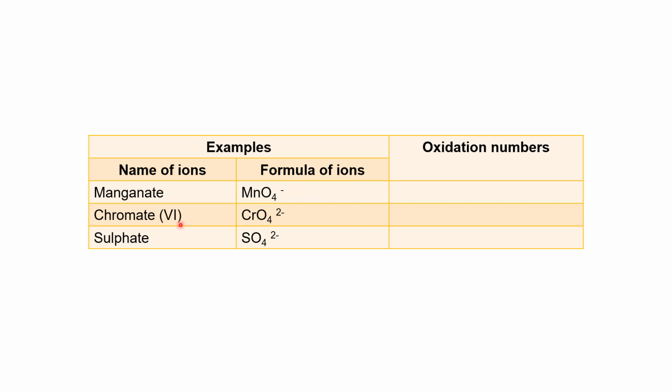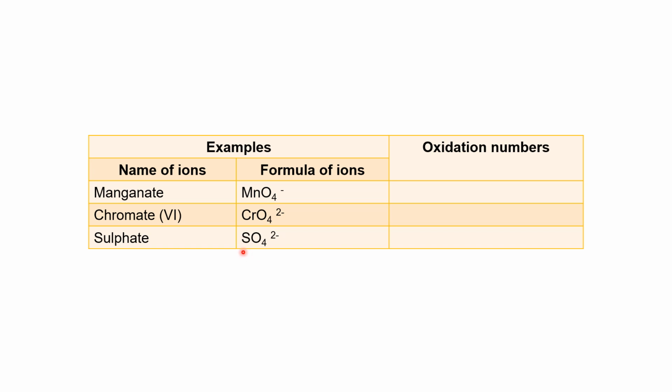For the chromate(VI) ion, the formula is CrO4 2-. So the chromate ion consists of 1 chromium and 4 atoms of oxygen with the charge of 2-. The small subscript 4 indicates the number of oxygen atoms.